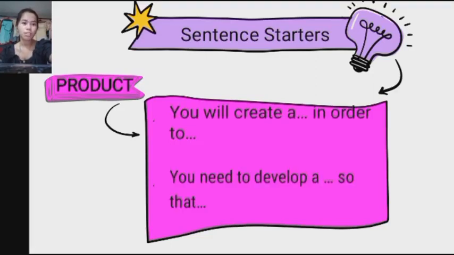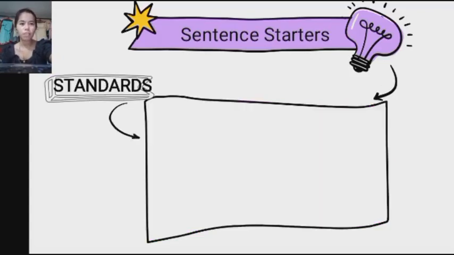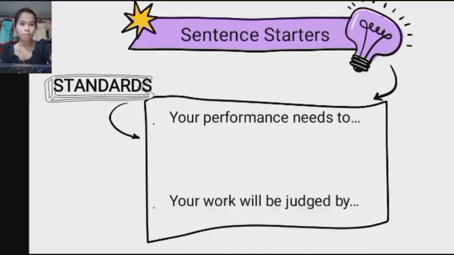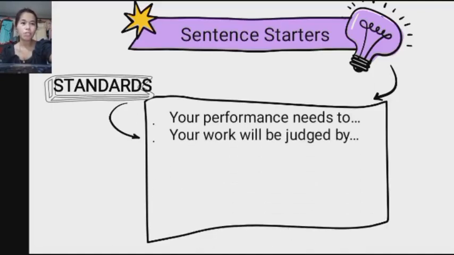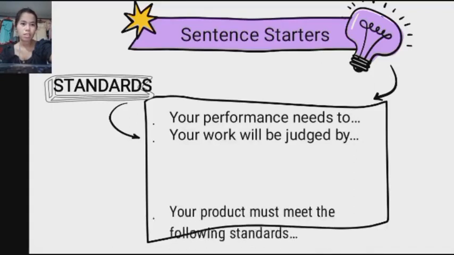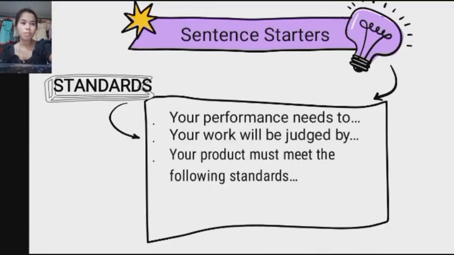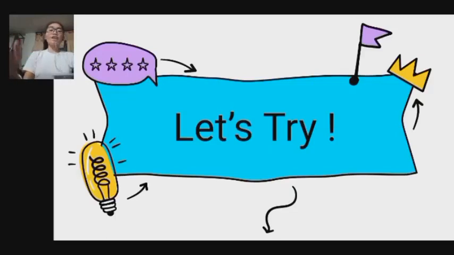Next, you need to develop a, so that. So next is the standards. These are the sentence starters of the standards. First is, your performance needs to, your work will be judged by, your product must meet the following standards, and a successful result will.